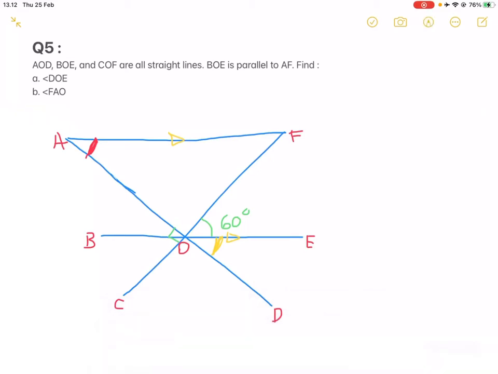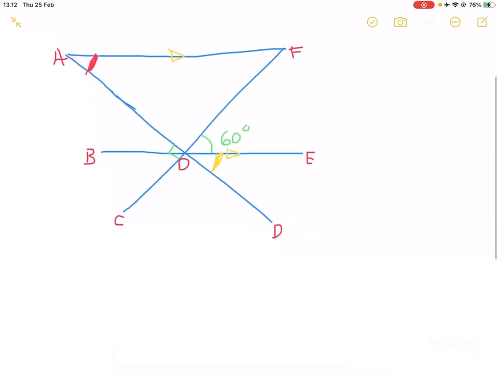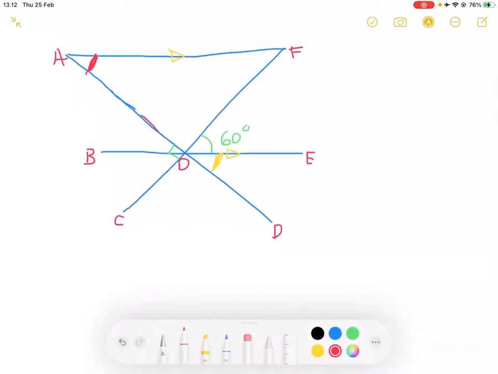Alright, so first quickly notice that AOD and COF, which is this first set of angles that we're going to look at, are all straight lines, and therefore angle AOC, which we know is 90 degrees since it is a right angle, must be equal to angle DOF, which is the other side right here. And since we know this is 90 degrees, then this must also be 90 degrees.